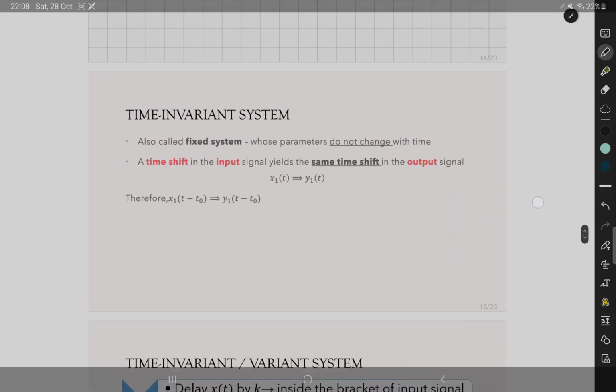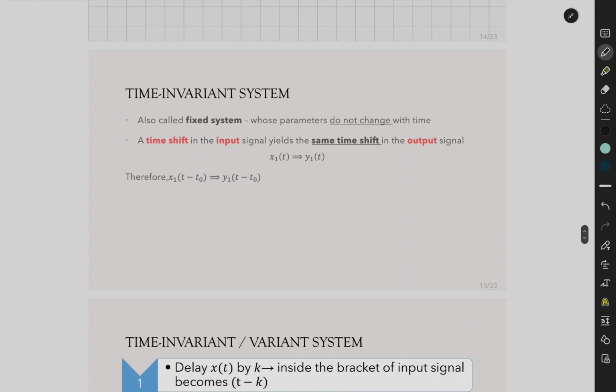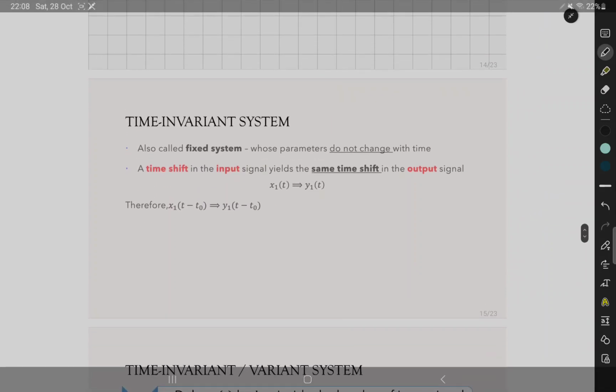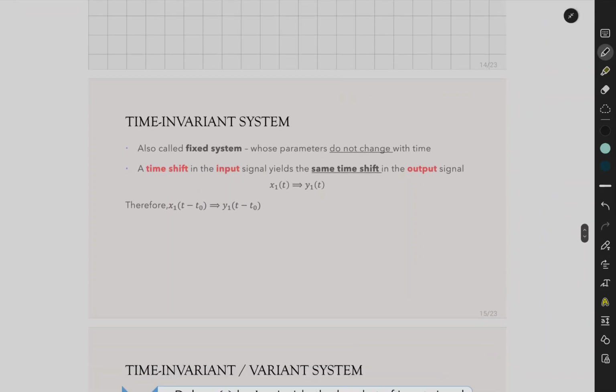Okay, so now we are heading towards the time invariant system. The time invariant system is also called a fixed system, whose parameters do not change with time. A time shift in the input signal causes the same time shift in the output signal.